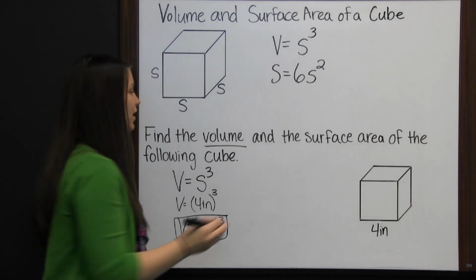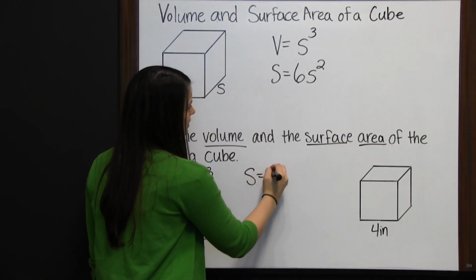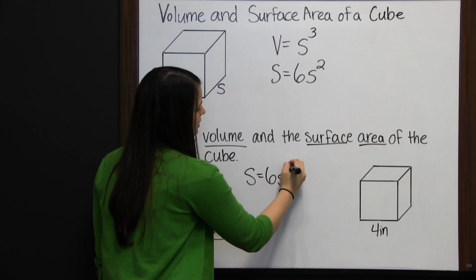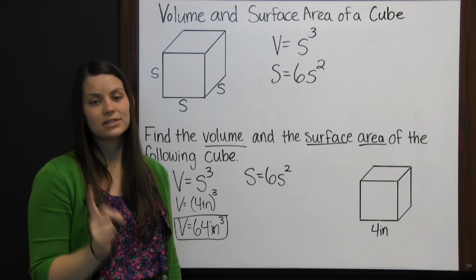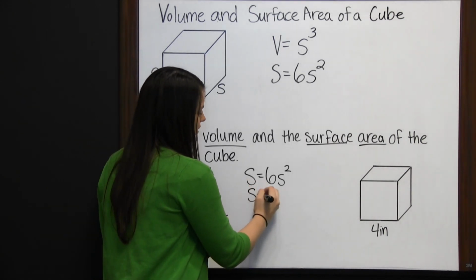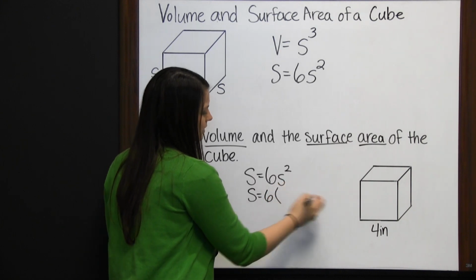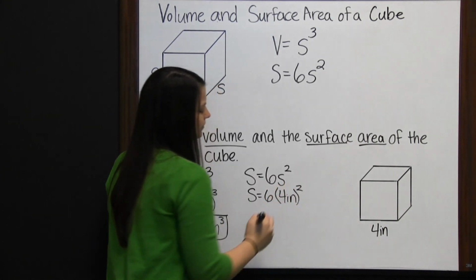Now for surface area. Surface area is 6 times side squared. Side squared gives us the area of one of the square faces, and there are 6 of them, so we multiply it times 6. The surface area is 6 times, again our side is 4 inches squared.